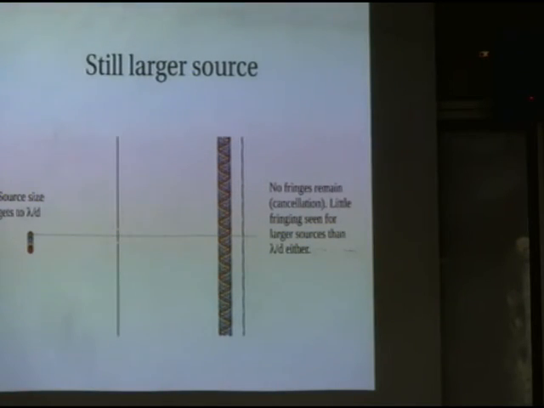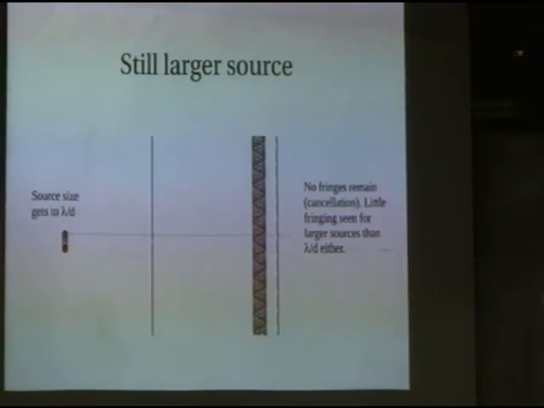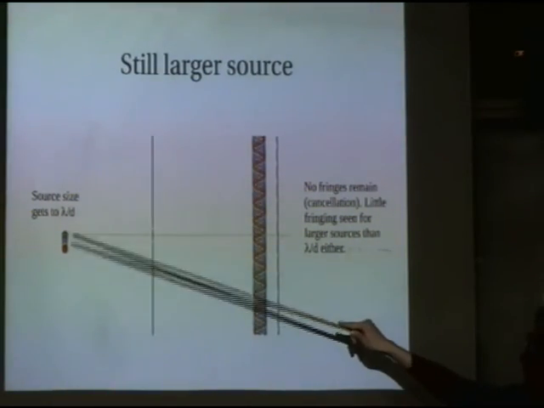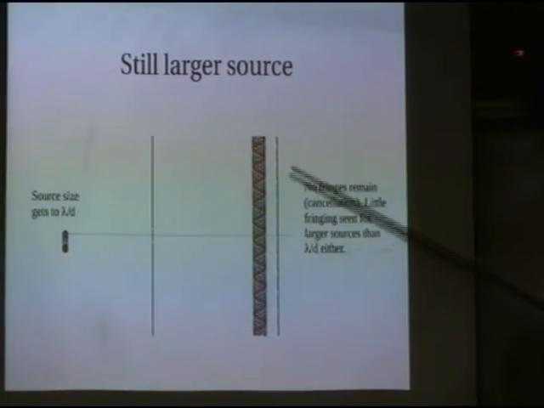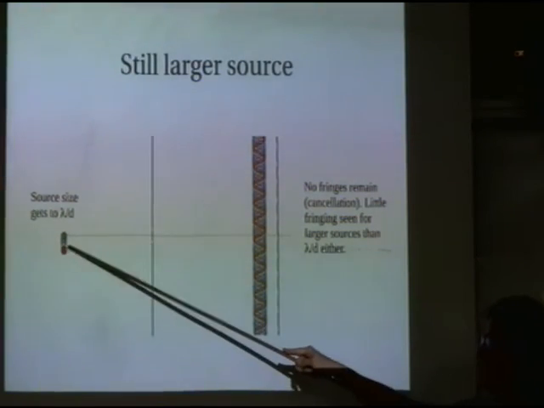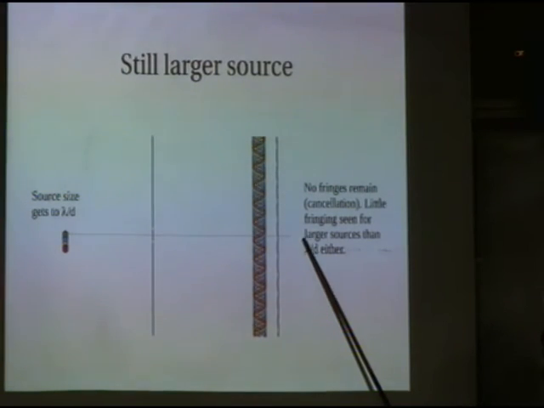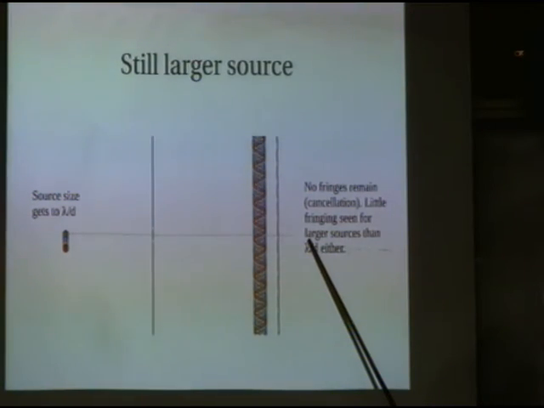Okay. So as you make the source larger, the final wave becomes weaker and weaker. So let's make this source even much bigger. Let's make this source as big as lambda over d. The result on the other side is a totally flat wave. So if we have a source of size lambda over d, we cannot measure anything on the other side, right?